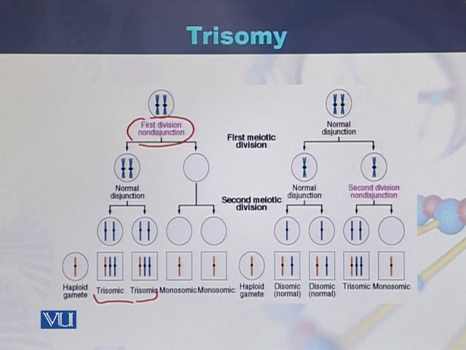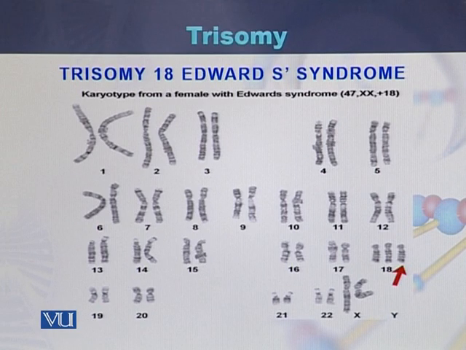While trisomic cells can also be produced if there is non-disjunction during the second phase of meiosis. If there is non-disjunction, then we can also see that some of the cells which will be produced will be trisomic in nature. This is the diagram of trisomy 18.